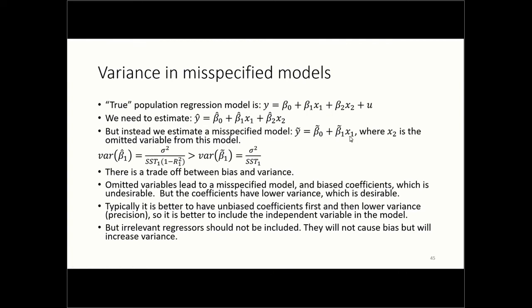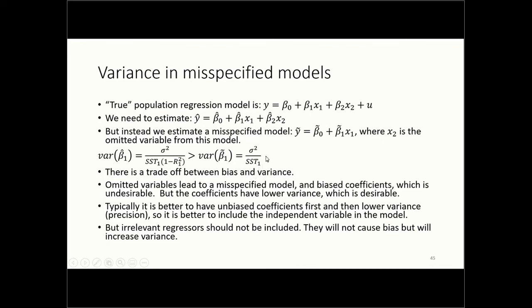So what happens to the variance of this beta 1 hat here versus this one here? If we look at the variance of beta 1 tilde here, that is the variance that we have in a simple regression. And so the variance of beta 1 tilde is sigma squared divided by SST for the first x variable.